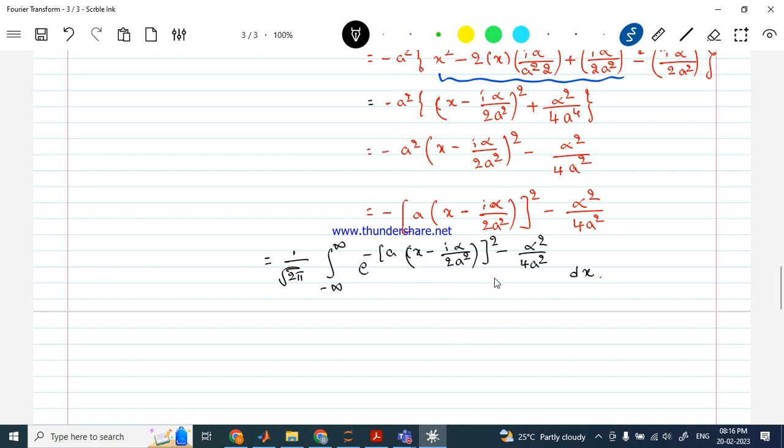And observe this carefully. This is basically e power this expression minus this expression. It's in the form a power minus m minus n. That can be written as a power minus m into a power minus n.